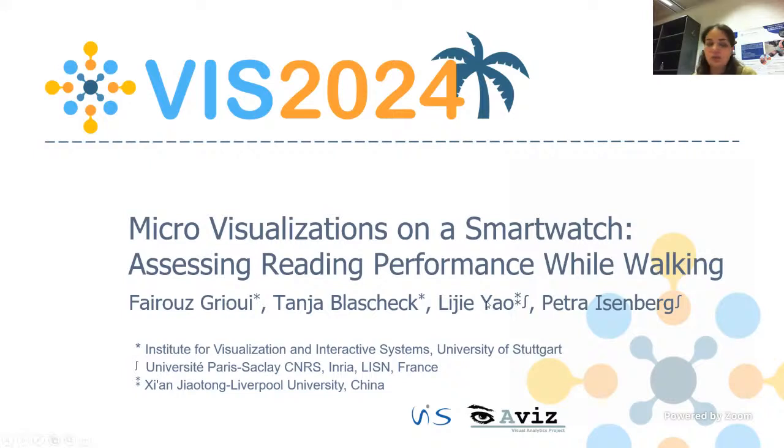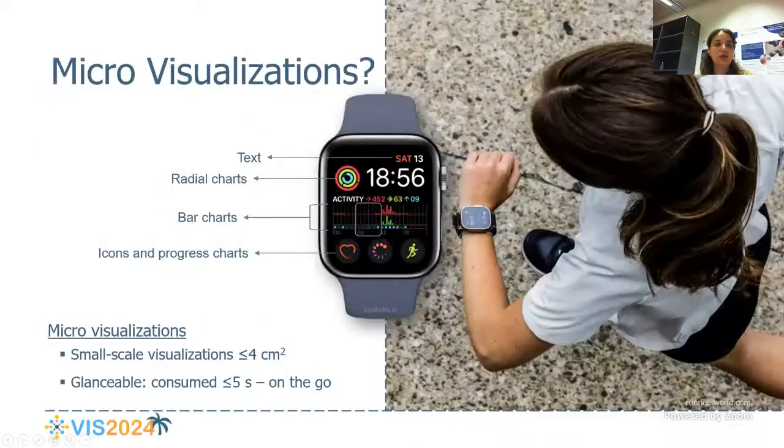So first, let me introduce what we refer to by microvisualization in our research context. Microvisualizations are small-scale visualizations of a few square centimeters, typically the size of a smartwatch display.